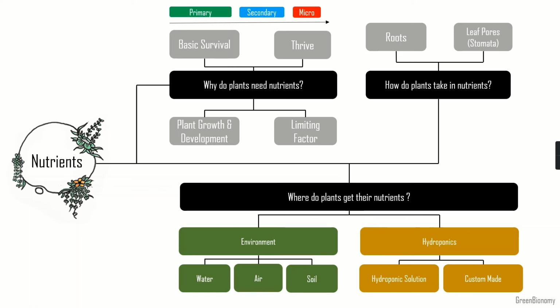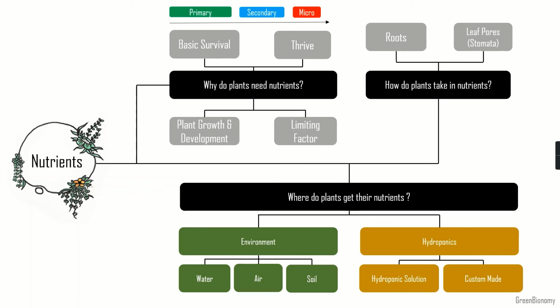For example, I've seen people making fertilizers with banana peels, or you can use eggshells and things like that, but this is an area I haven't explored in depth yet, so I just bundled it all together into custom made. But usually you will use commercially available hydroponic solutions, which are mainly an artificial way to provide the nutrients to the plant.